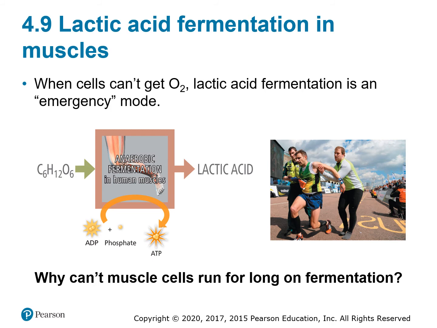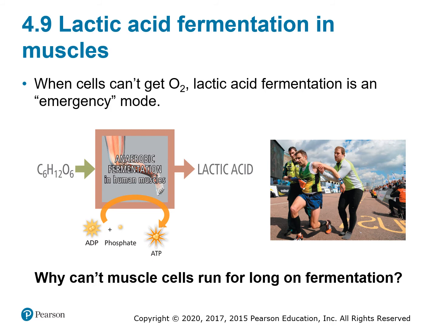Now, there are 2 types of fermentation that we're going to talk about. One is lactic acid fermentation. This is a type of fermentation that, when your muscles are working really, really hard and you run out of oxygen in your muscles, your muscle cells will switch to kind of this emergency mode, which is fermentation with the production of lactic acid.